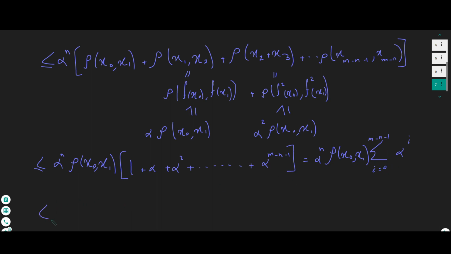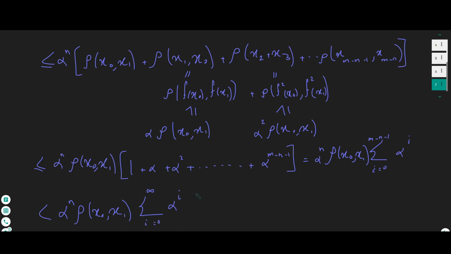So this is strictly less than alpha to the power of n rho x sub 0, x sub 1 times the sum from i equals 0 to infinity of alpha to the power of i. Of course, this is strictly greater than this term because we're taking infinitely many terms here, where here we only had finite terms. So for sure, this is greater.